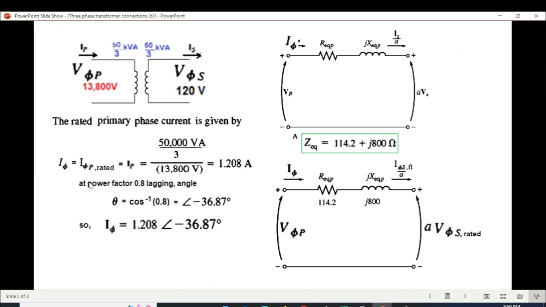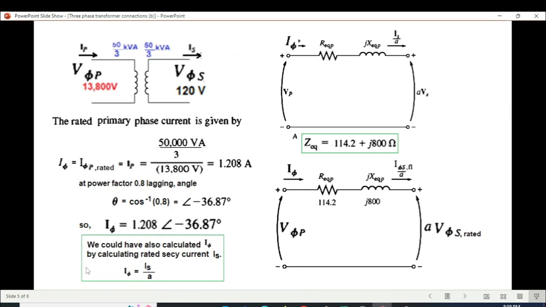So in the phasor form, our phase current will be the magnitude and angle. Now we could have calculated the I phi from the secondary side as well. This divided by voltage will give us the secondary current, and secondary current divided by the turn ratio will give us the primary current. Anyway, this is just for your knowledge.